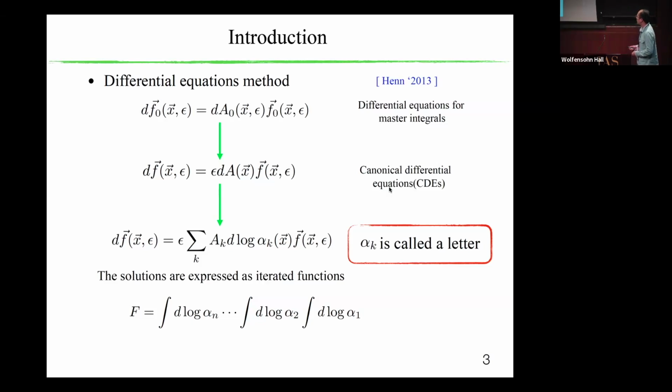With these differential equations, all the solutions can be expressed as iterated integrals, and we can see that the kernel of the log, or the letter, totally determines the function space of the Feynman integrals. So it is very important to determine the letters.